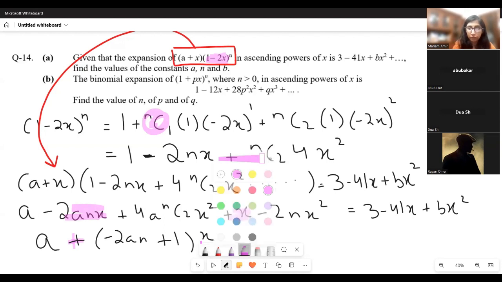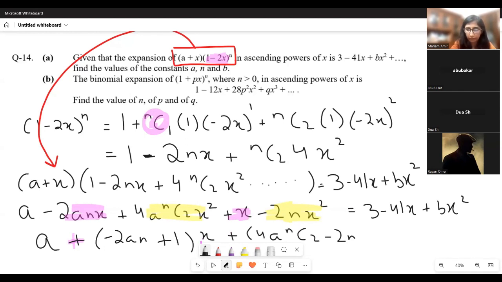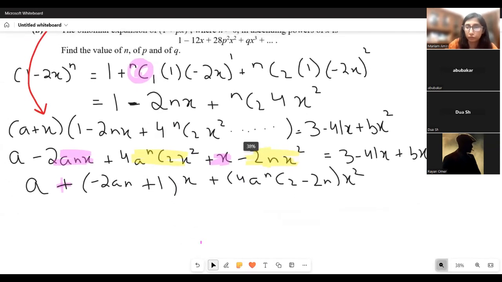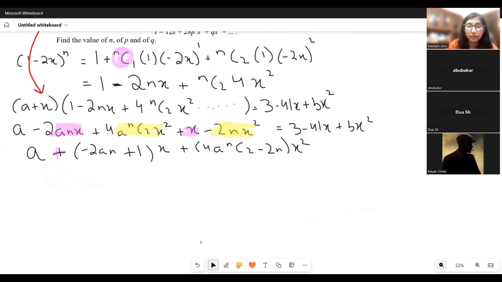And again, I have two expressions for x squared. Write that together. So plus 4anc2 minus 2n x squared. And that would be equals to 3 minus 41x plus bx squared.